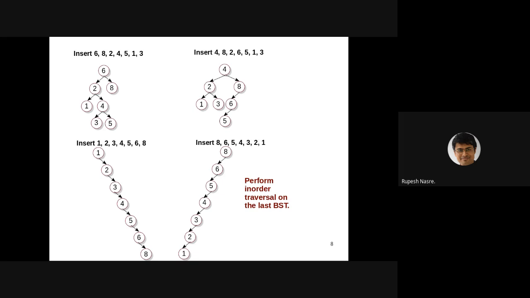Well, maybe 7 is not present, but yeah, I understand. Any other answers? Shania says the same. Okay, so all of you seem to be agreeing that we get an increasing sequence for this decreasing sequence that we had inserted in the last part.